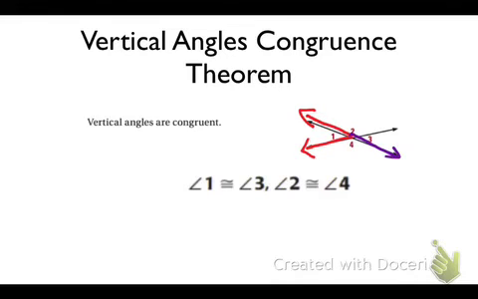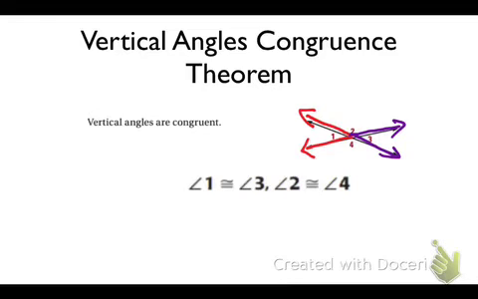The opposite ray from one of the sides of angle 1 is one of the sides of angle 3, and the other side of angle 1, its opposite ray, is the other side of angle 3. That's why we call those vertical angles. So we know from before that the measures of vertical angles are always going to be equal to each other, or we could also say that vertical angles are congruent.